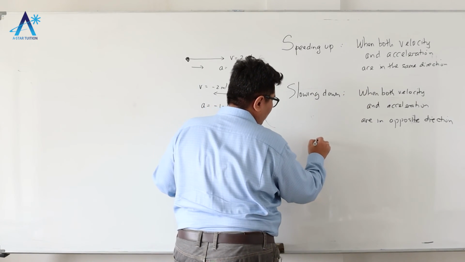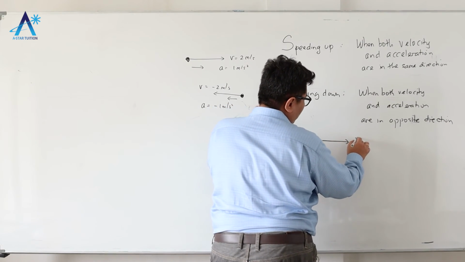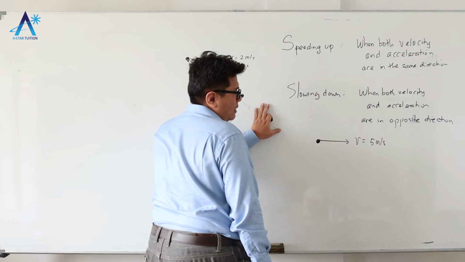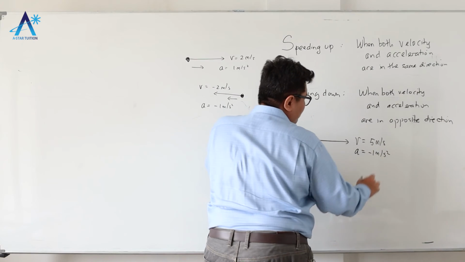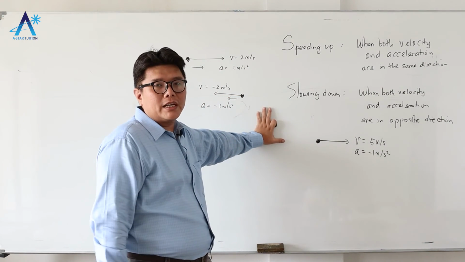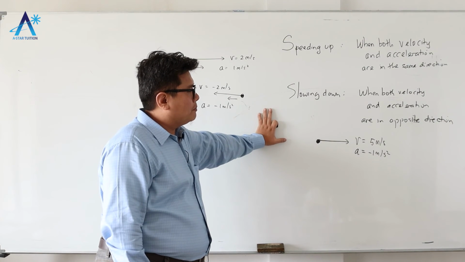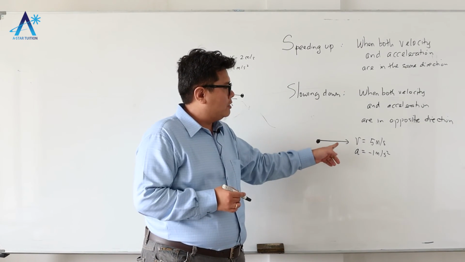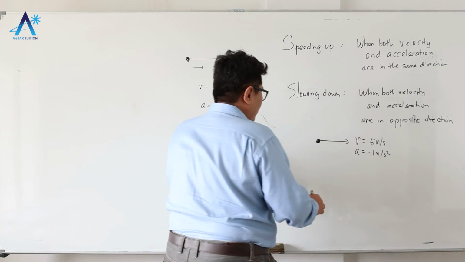An example would be when the object is moving with a velocity of 5 meters per second to the right, yet the acceleration is minus 1 meter per square second, meaning that every 1 second the velocity will decrease by 1 meter per second, and hence you can see that the velocity will become less and less positive, so it slows down.